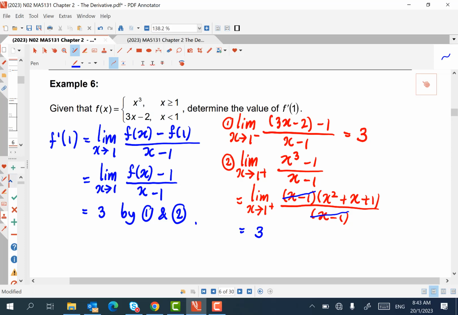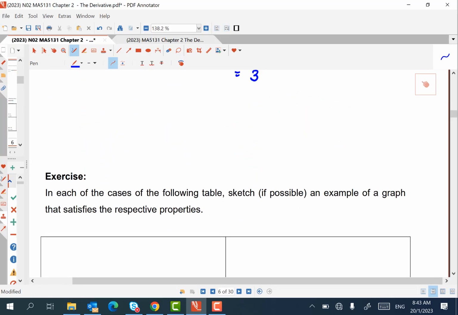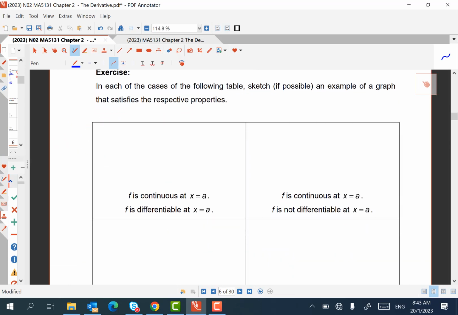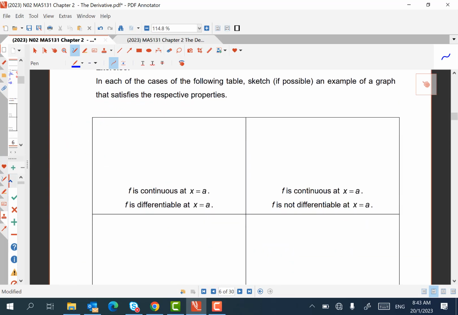Okay, so with this, you want to move on to this. This is an interesting exercise now. Can you hand sketch a graph which is continuous and differentiable at the point x equals a?